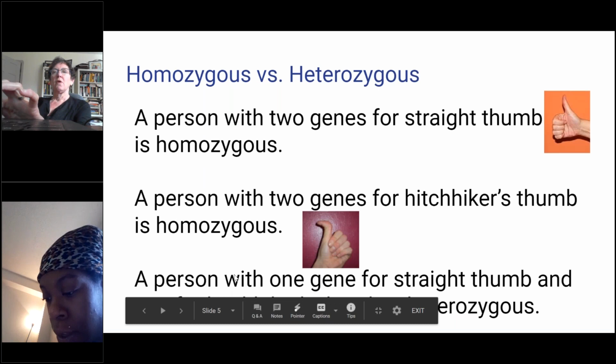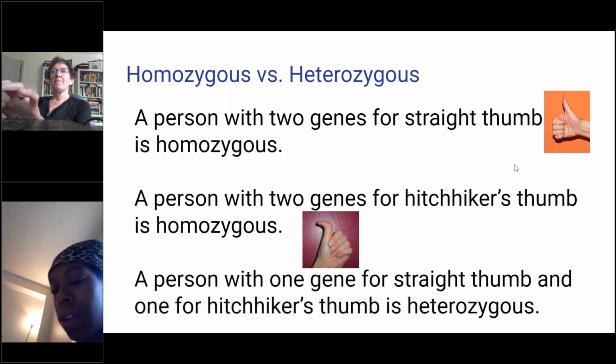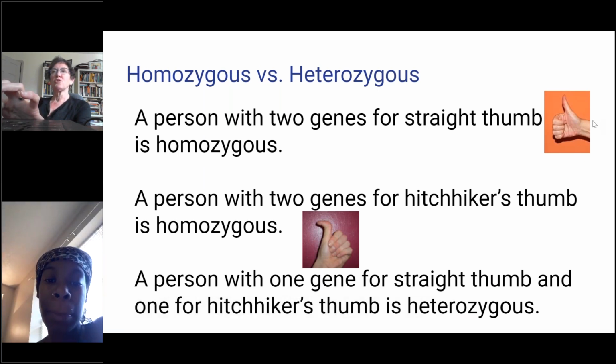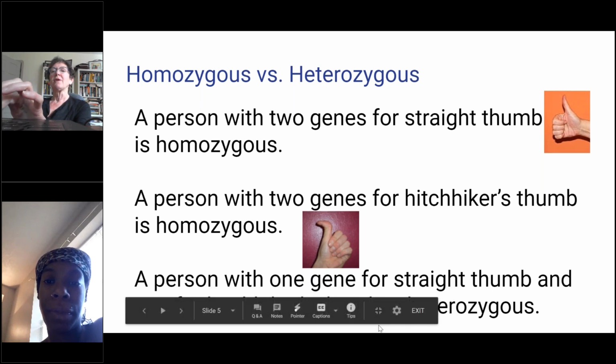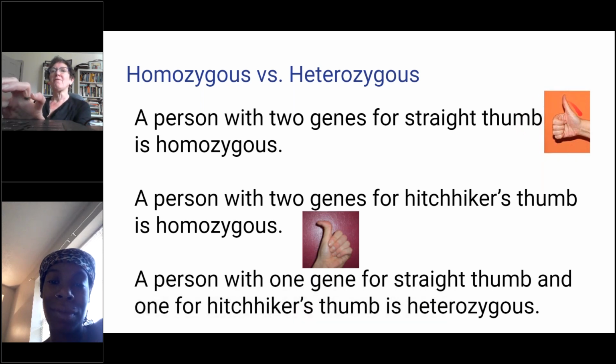Here we go. So here's a straight thumb right there. Let me get my pointer. This is a straight thumb. If you have two genes for straight thumb, that means that you are homozygous, and there's your thumb. You're going to have a harder time hitchhiking than me.